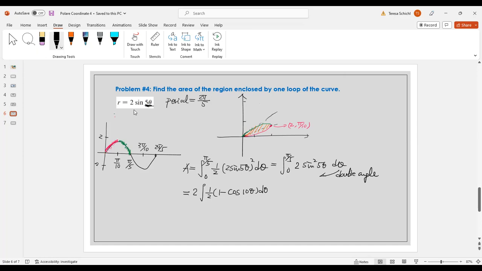You need to be very, very familiar with your trig identities. So this is 0 to pi over 5. After you do that, I will get theta minus 10 sine 10 theta.